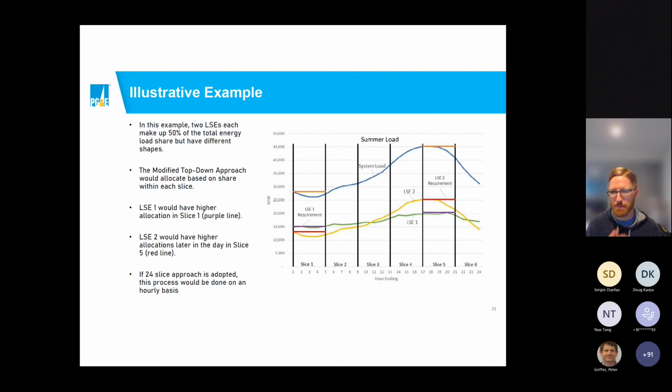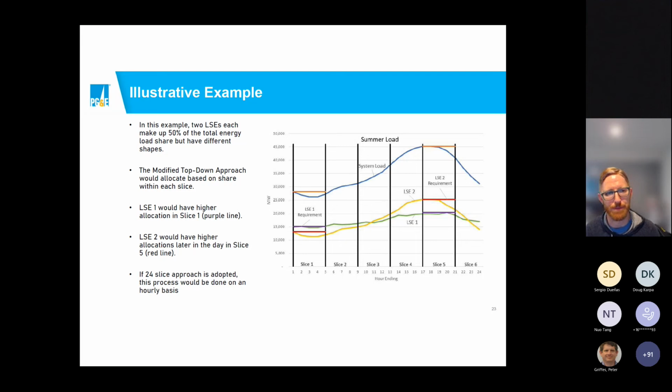So is this the CEC, working in conjunction with the PUC, assessing this for every LSC and whatever slices we end up with? Is that how you think it would work?